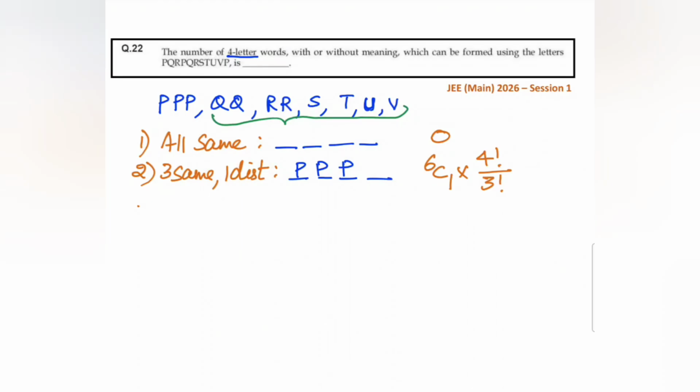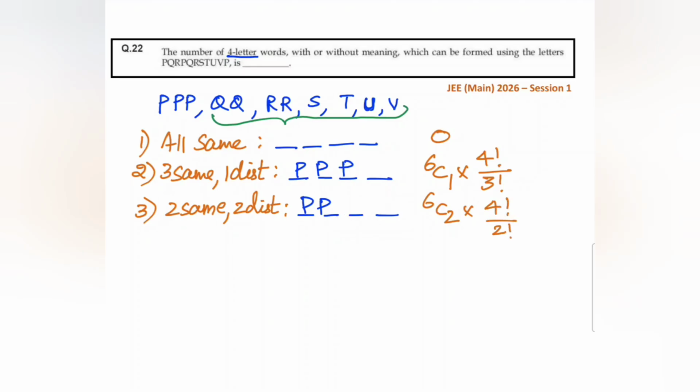Let's move on to the third case: 2 same, 2 distinct. So 1, 2, 3, 4. Here for 2 same, let me assume that it is P, P. Now the 2 distinct, again from Q, R, S, T, U, V, has to be chosen, which can be done in 6C2 ways, but these 4 can be arranged in 4 factorial by 2 factorial because the P's are identical.